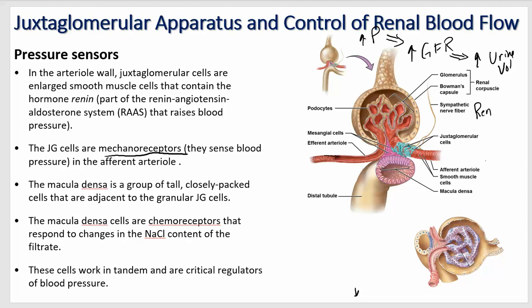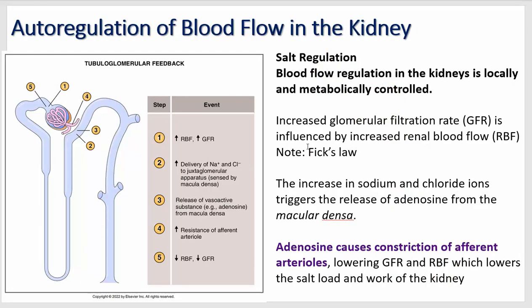All right, so together our JG cells are saying pressure is way too high, trying to keep that at a regular rate. And your macula densa cells are saying things are moving too fast or too slow, and that's also going to determine how much blood is flowing into the glomerulus, which is going to change the pressure and our GFR, glomerular filtration rate.